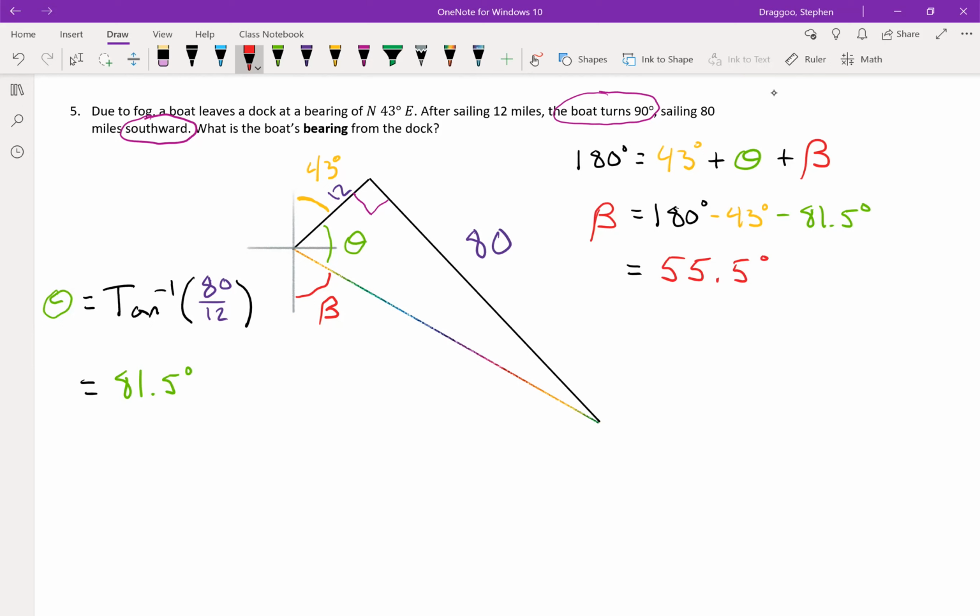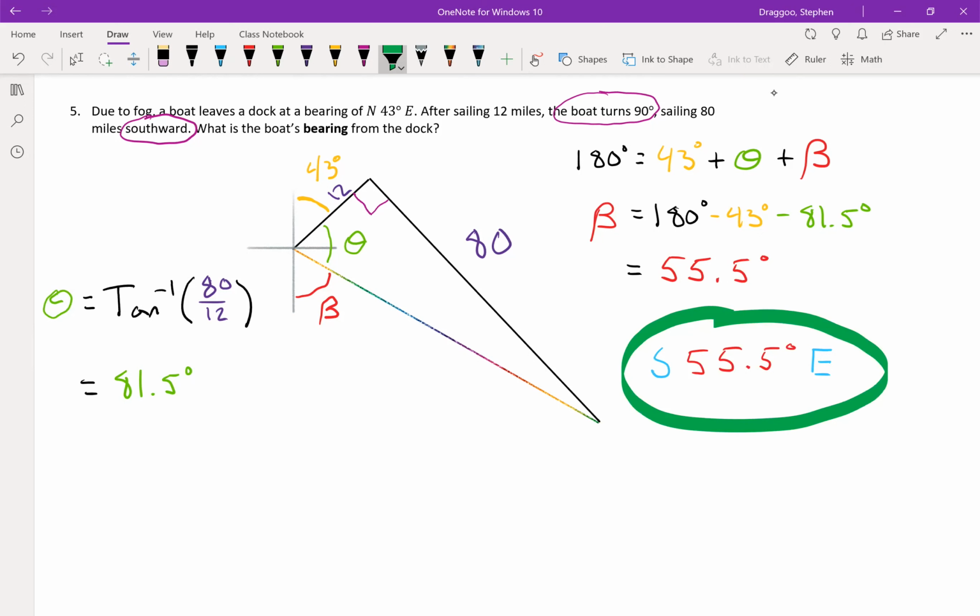So now I have to put that angle into a bearing, and this boat ended up southeast of its dock. So the directions will be southeast. So south, 55.5 degrees east. Or 55.5 degrees east of south.